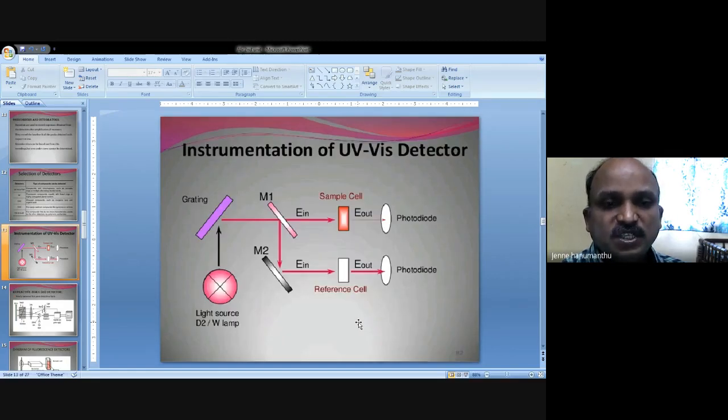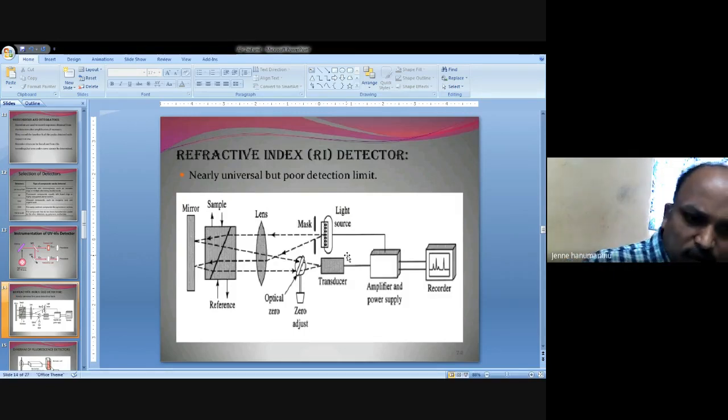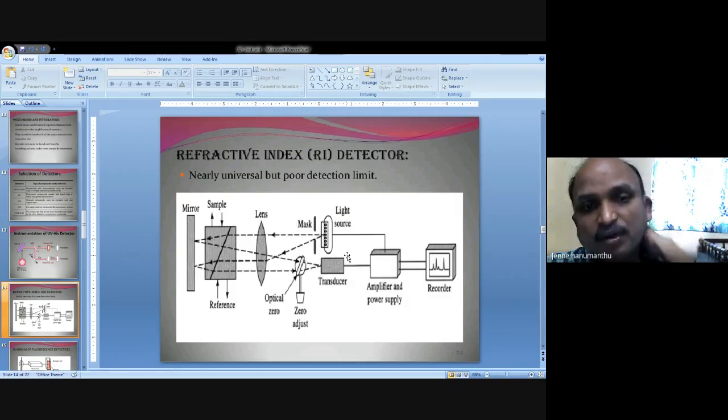These are instrumentation topics that were already discussed in the last class. The UV ultraviolet visible detector uses this type of photo detector. And one more, we can have a refractive index detector.